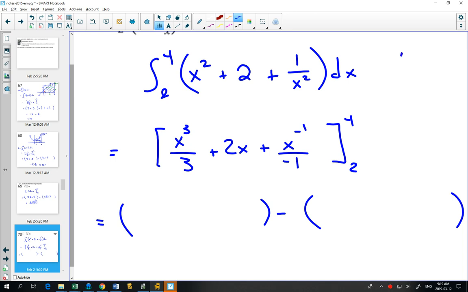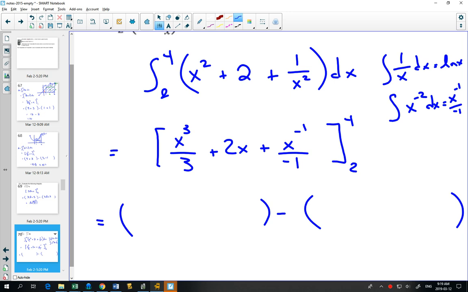So 1 over x, if you integrate, is the natural log of x, but as soon as you go, you can go back to your power rule. It's only 1 over x that causes the problem. Right?